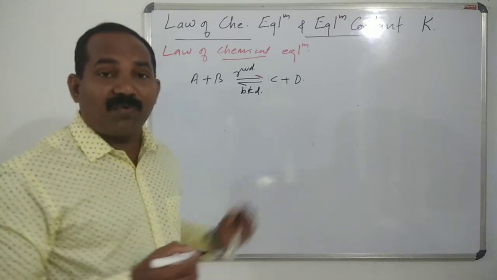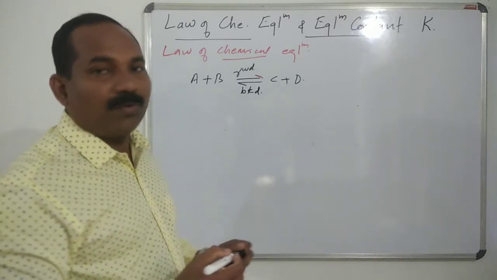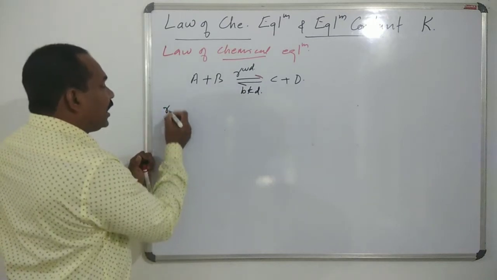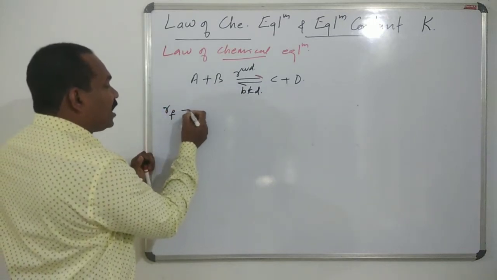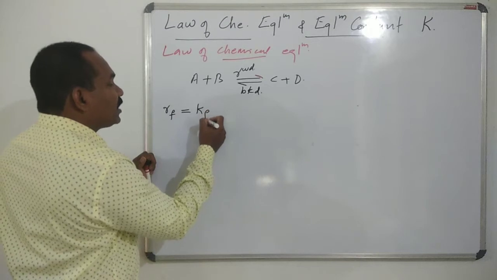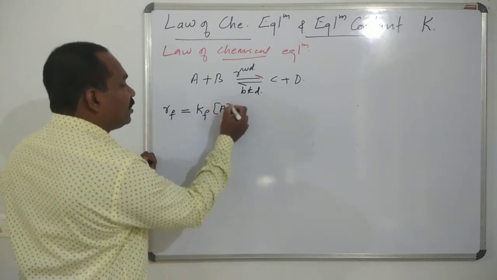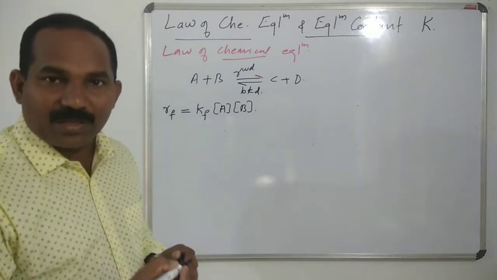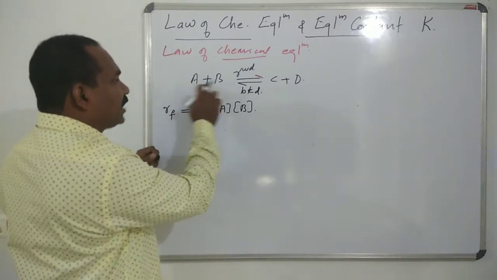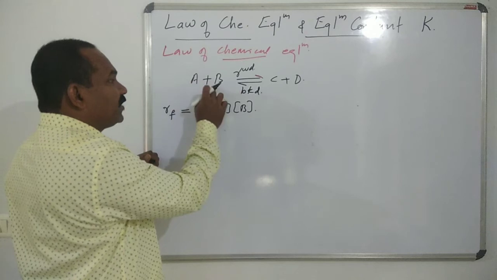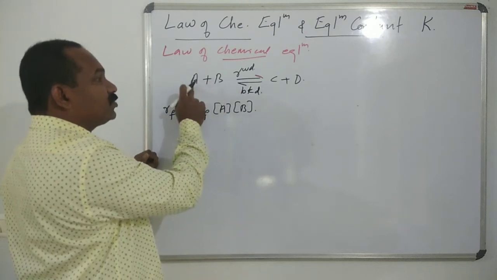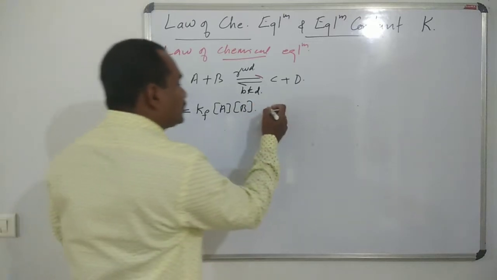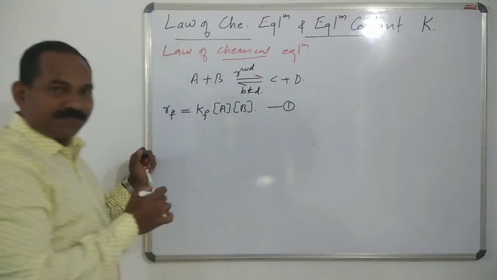You write forward reaction and backward reaction in full. According to the law of mass action, the rate of forward reaction RF is equal to KF into the concentration of A into the concentration of B. Isn't it? These are the reactants. The rate of a reaction is directly proportional to the product of the molar concentrations of the reactants. Let's take this as equation number 1.